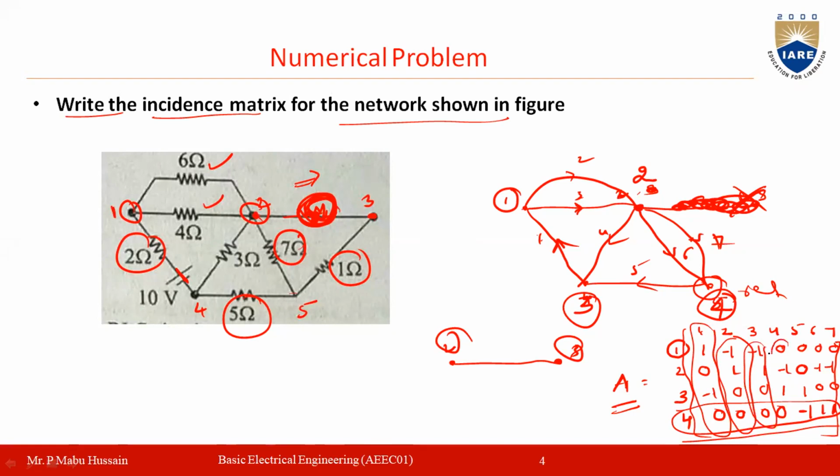So if you take the sum of all columns, you will get 0 only. Okay, then only you have written the incidence matrix correctly. So the incidence matrix is simply a node to element matrix. It has the order of n by e, where n represents the number of nodes and e represents the number of elements.